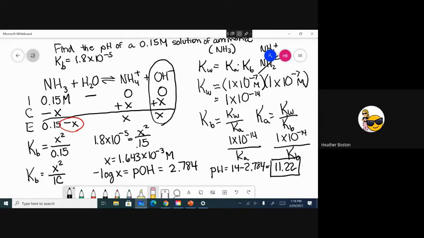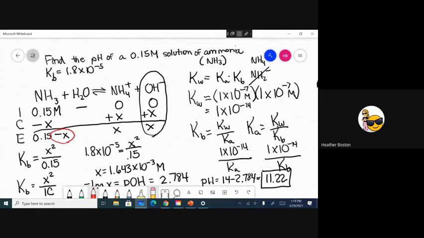That is a base, that makes sense. So if they asked you for the pH, the answer would be 11.22. Remember, the given was, and I'm pointing this out to you so that you recognize what's going on here, this given here has 2 sig figs. That corresponds to the 2 decimal places after the decimal.